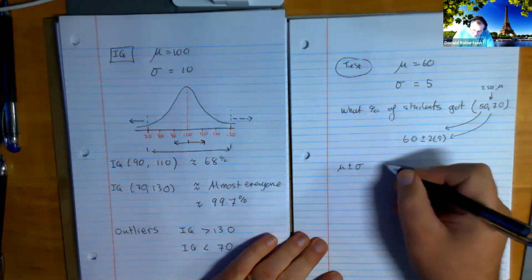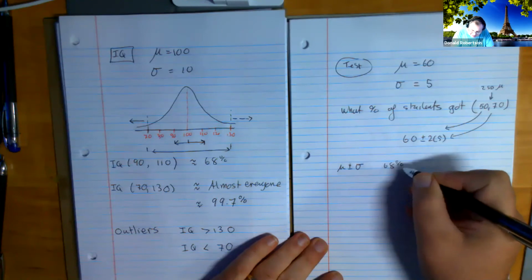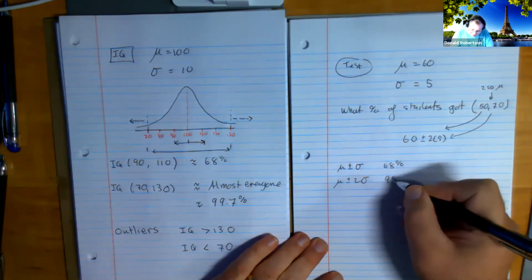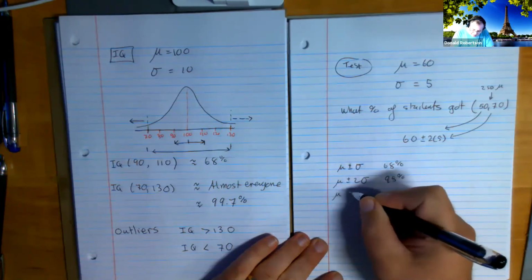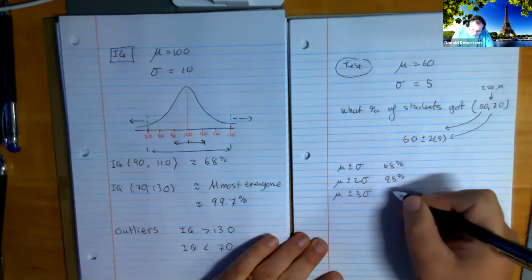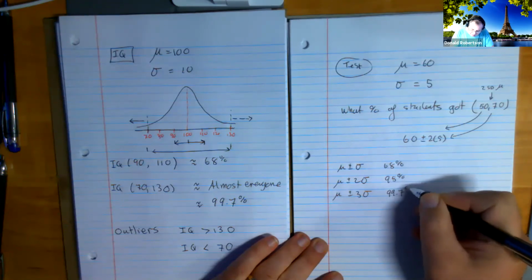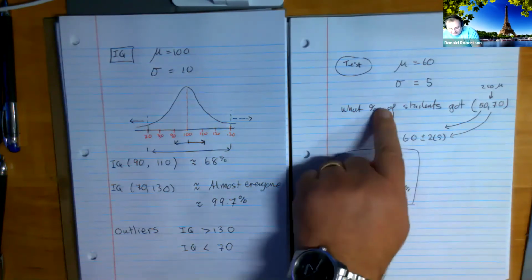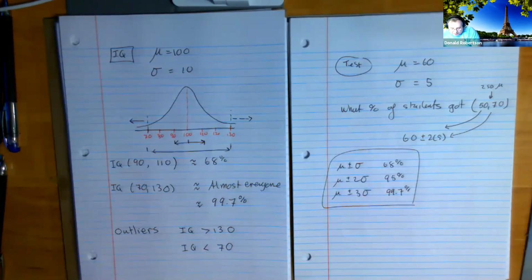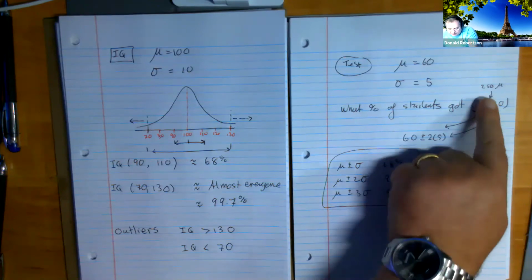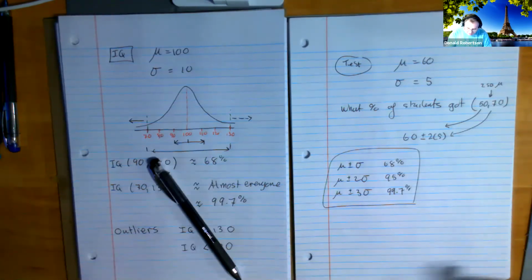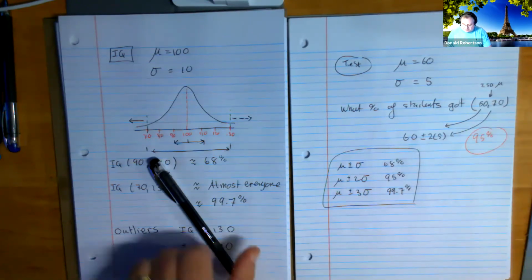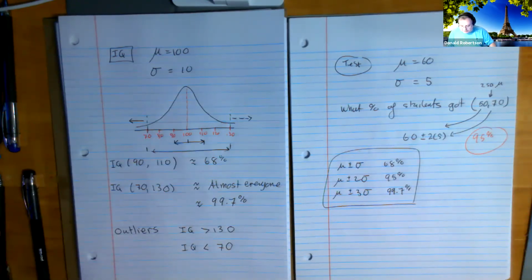If you do 1 standard deviation away from the mean, it's 68%. If you do 2 standard deviations, it's 95%. And 3 standard deviations, you got almost all, which is 99.7%. So in this question, what percentage of students got between 50 and 70? Since it's 2 standard deviations, we would say 95% of the people in this class had a score somewhere in that range.